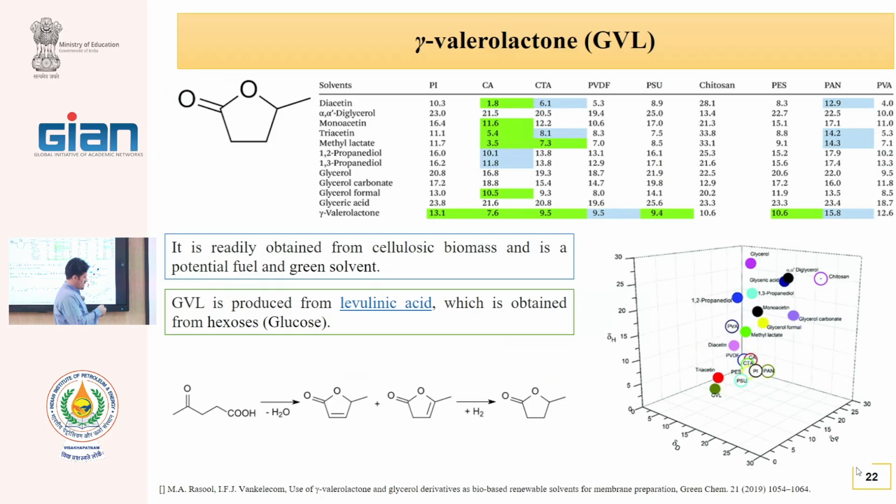Valerolactone, you see, has a similar structure to NMP, and is also used in the fabrication of membranes. For the production of valerolactone, a biomaterial is used, levulinic acid, separated from oils, vegetable oils.